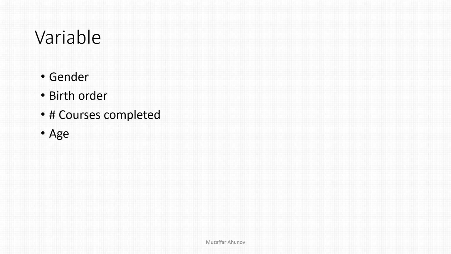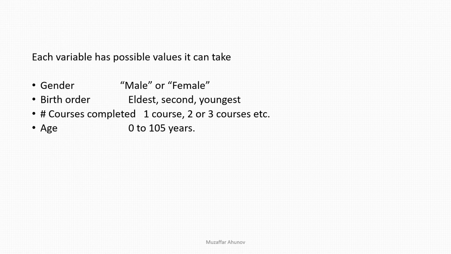First variable is gender. Second is birth order. Number of courses completed by each student is the third variable, and age. Each variable has possible values it can take. Gender, for instance, can take values of male or female.